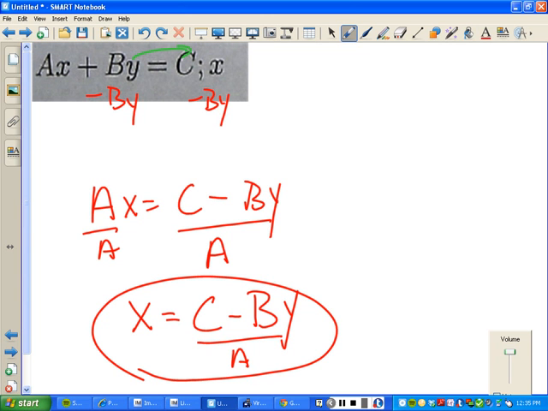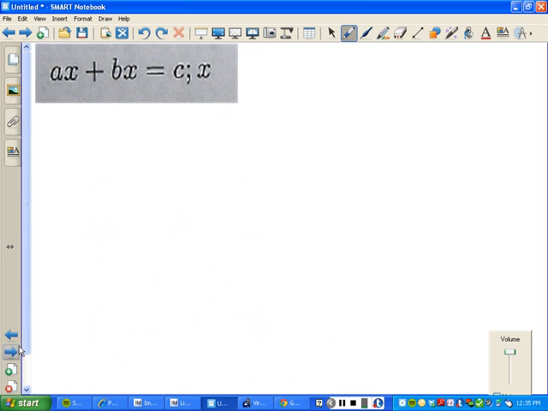Okay? All right. This one is a lot harder. But that's the point. You got to recognize that the x comes out.